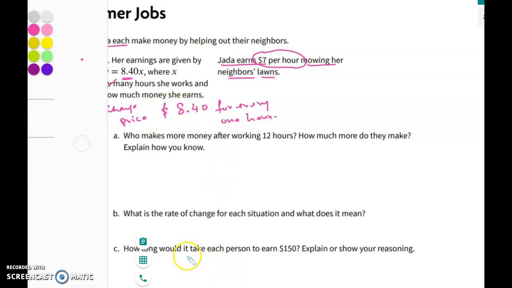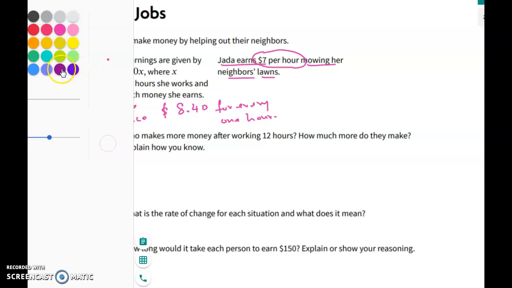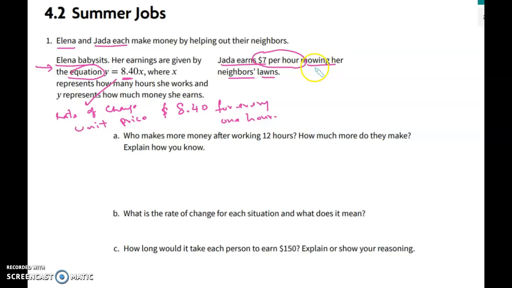But if you look at Jenna, she earns $7 per hour mowing her lawn. So when you have $7 per hour, it's obviously $7 per hour. From this, you can make a table, or you can create either a graph or a table.